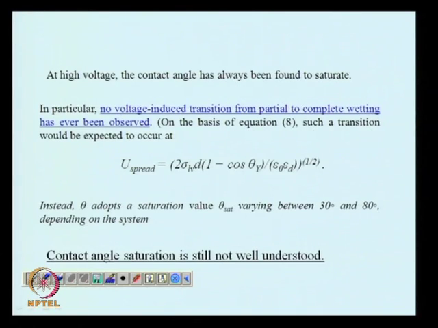So, you are either going to be limited by the dielectric breakdown, which is essentially passing of a current through the dielectric at higher voltages, rendering the surface unusable for subsequent use, or you are going to hit the contact angle saturation phenomenon, and you would not be able to go beyond that. You get some expression, but a saturation value between 30 to 80 degrees depending on the surface and the system. The phenomenon of contact angle saturation is still not well understood.